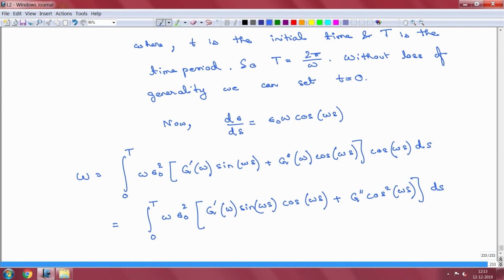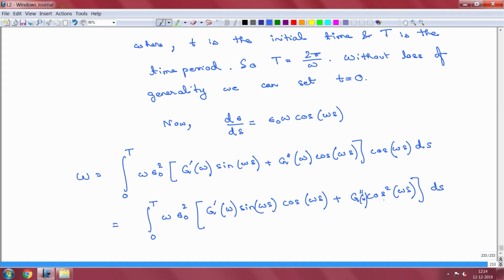Now, we are going to perform the algebra in a second, but you can actually already anticipate the answer by just looking at this particular form. Here we have a sine omega s into cosine omega s, and if you know your trigonometry well, you know that when we integrate this over one time period, this term will vanish. But here is a term where we have g dash multiplied by a cosine square.